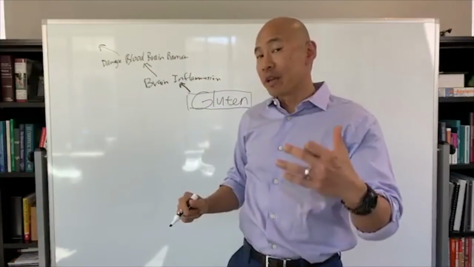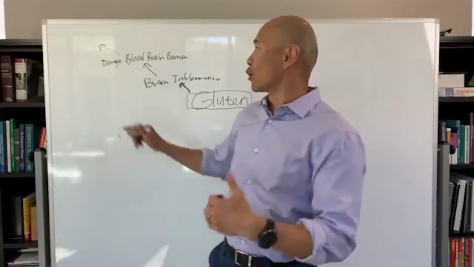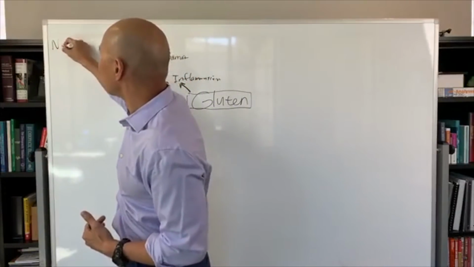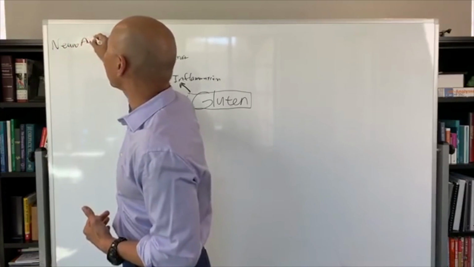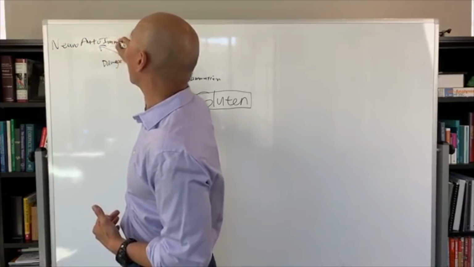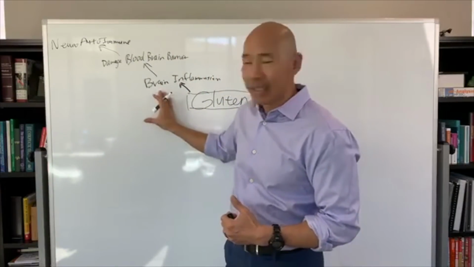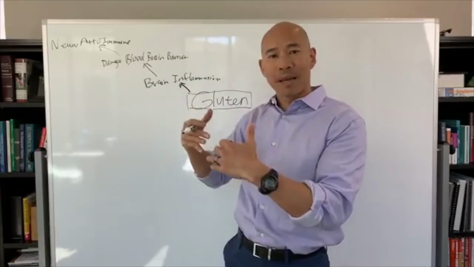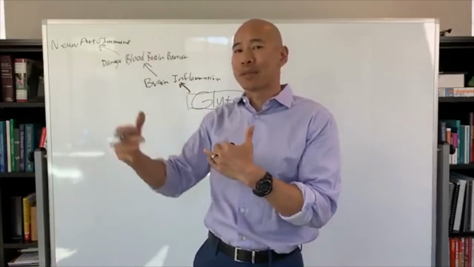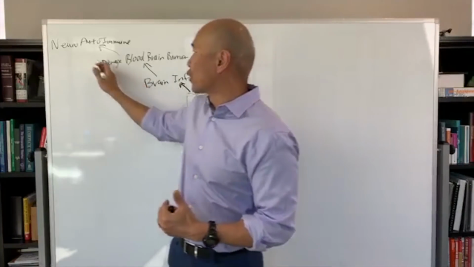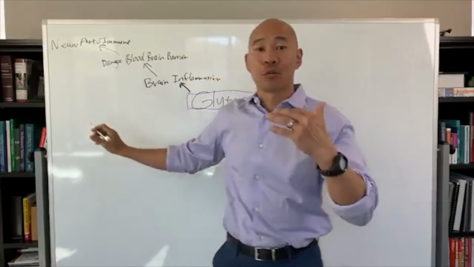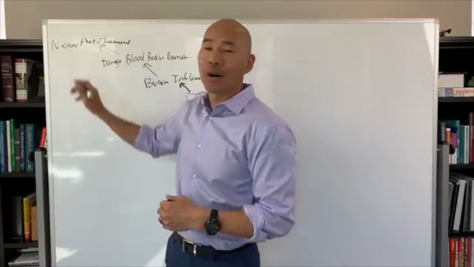Your brain starts to become more autoimmune. This is where your immune system, because of this increasing inflammation, starts to get ramped up and wound up, and it can start to turn your immune system against your own brain tissue and cause neurological autoimmunity.